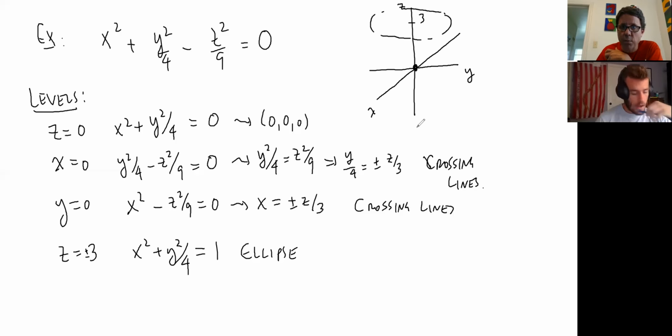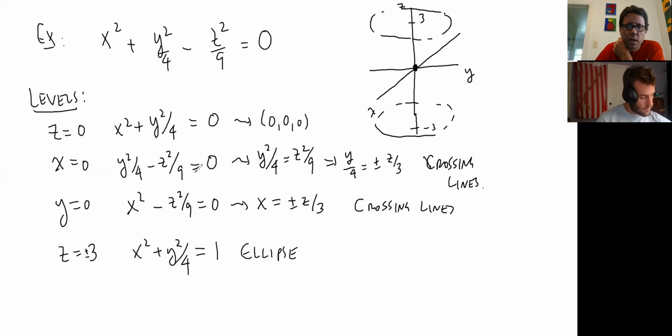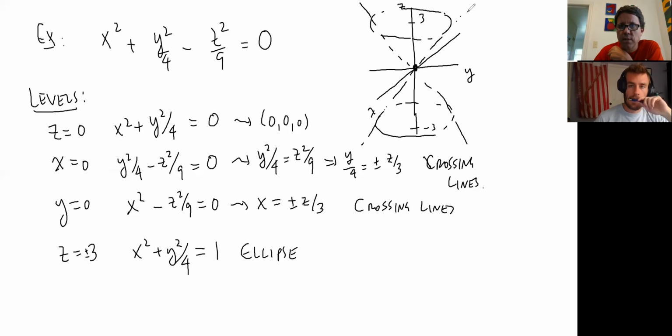Down below here at minus 3, the same. And then the second one isn't too bad. These are crossing lines that come in and hit that ellipse, and this one comes up and hits that ellipse.